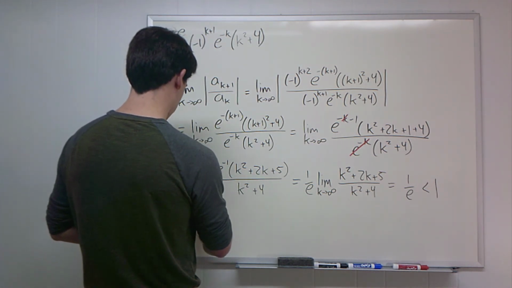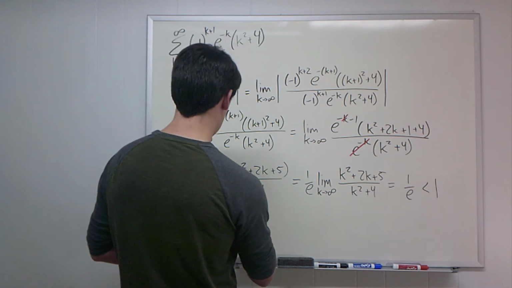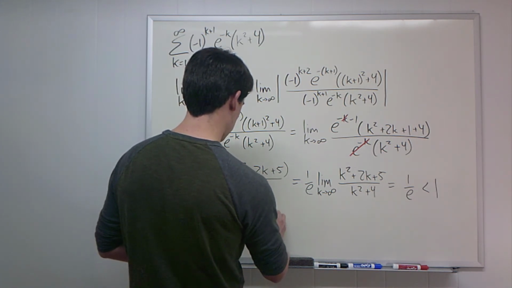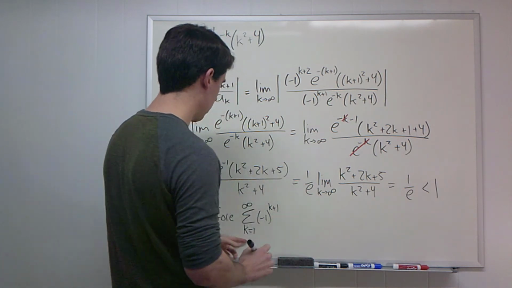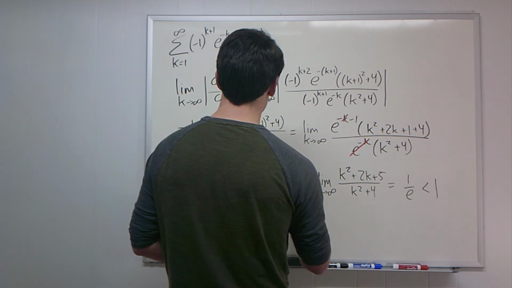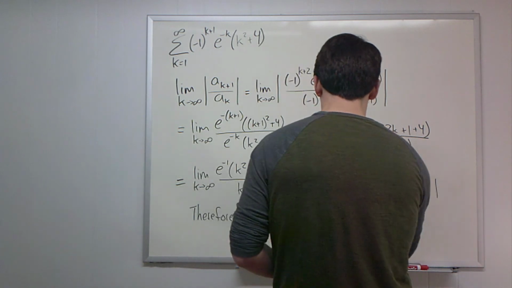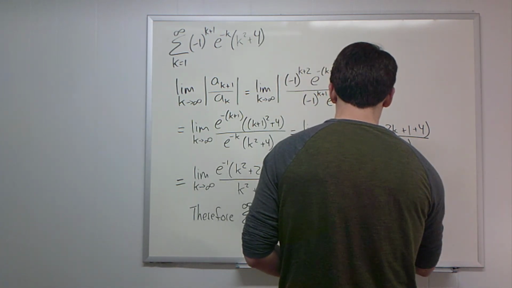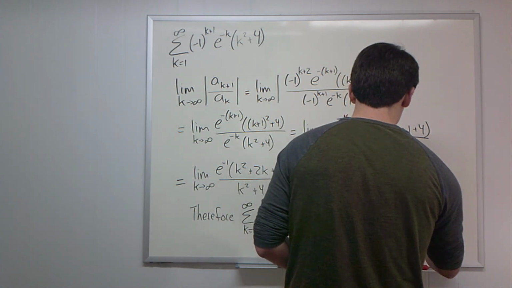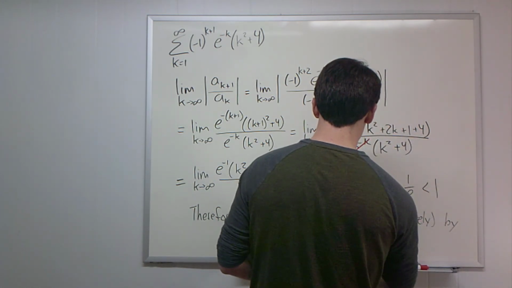So therefore, this original series that we started with, the sum from k equals 1 to infinity of (-1)^(k+1) times e^(-k) times (k^2 + 4), converges, and it converges absolutely by the ratio test.